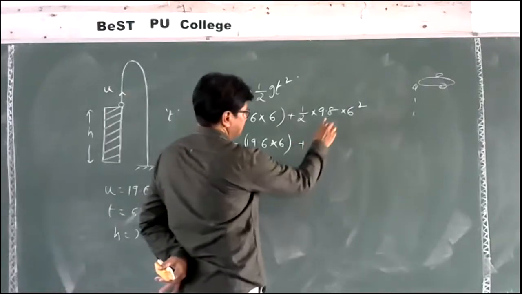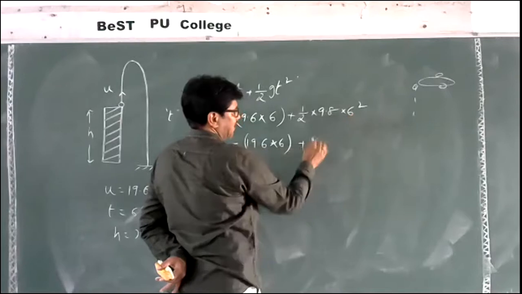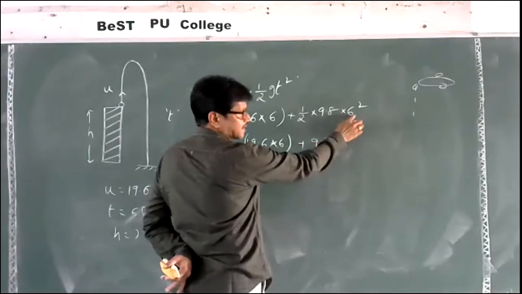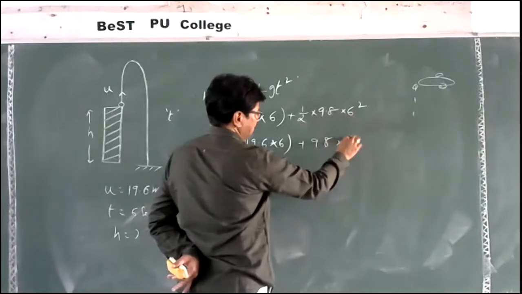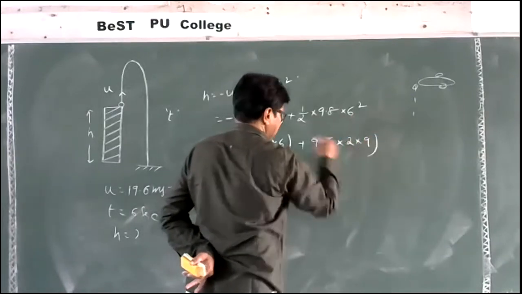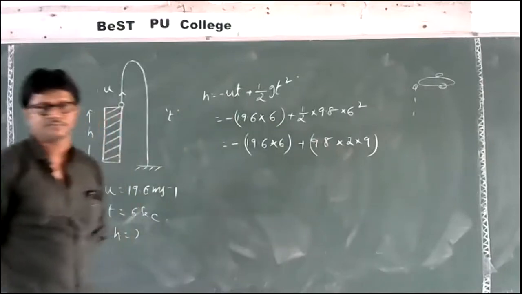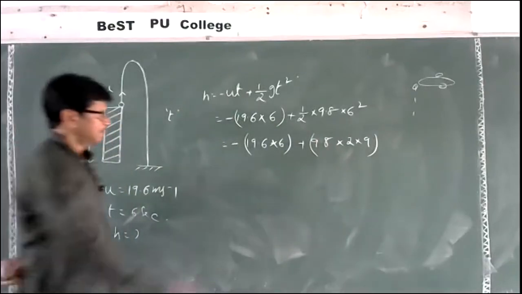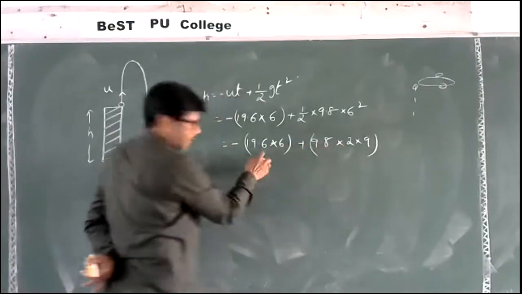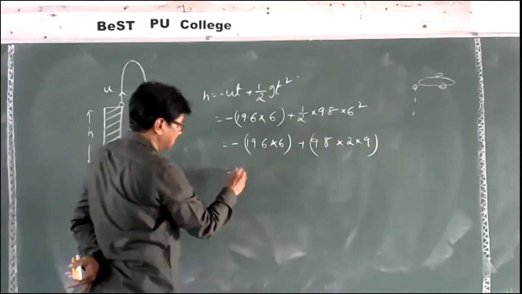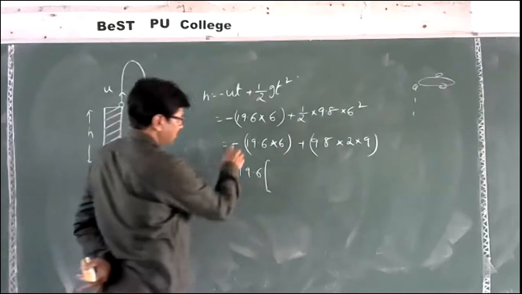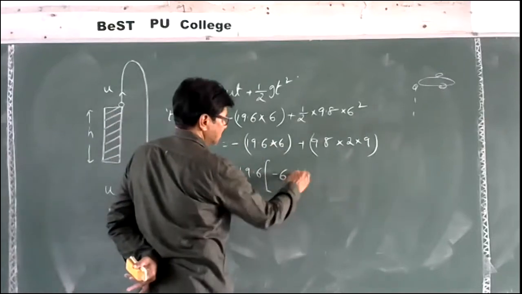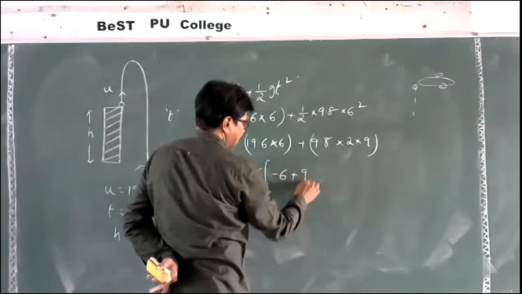This I will write: 9.8, 36 by 2, 18. 18 I will write as 2 into 9. Now 9.8 into 2 is 19.6. So I will take a common of 19.6. Then here we'll have a minus 6, here we'll have a plus 9.